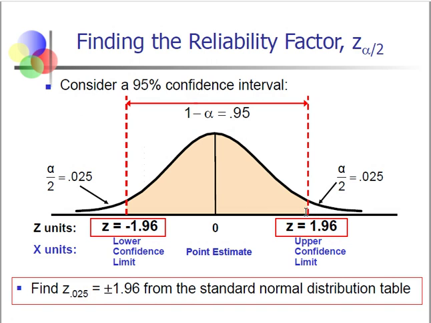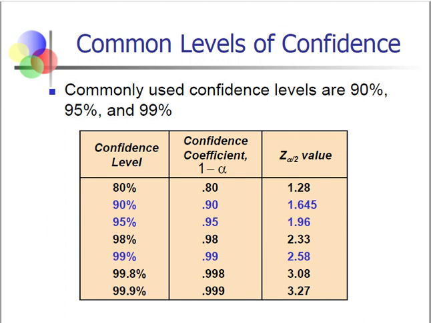So go on the probabilities, the probability should be 0.975, and then look for the Z value. The Z value that you're going to find will be 1.96. And on the other side, you're going to find a minus 1.96. This is your Z value, but it is also known as the critical value.